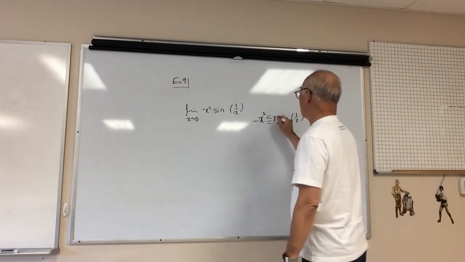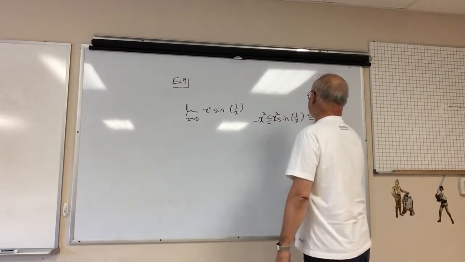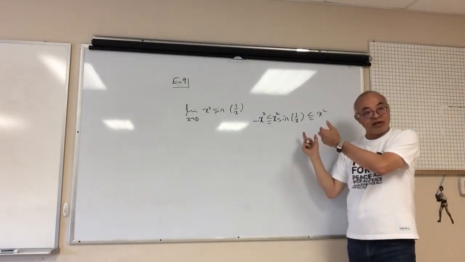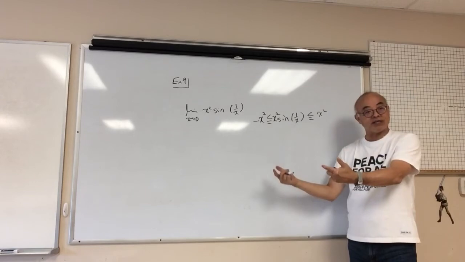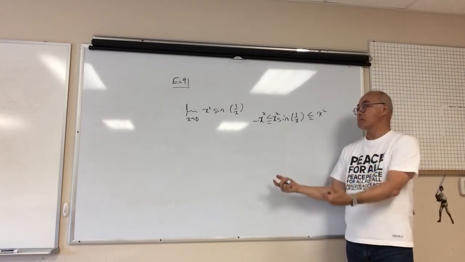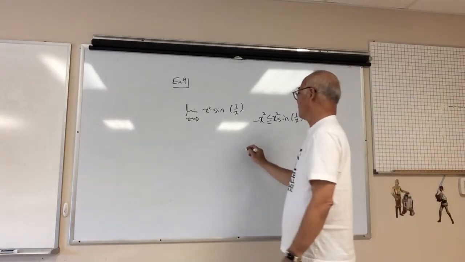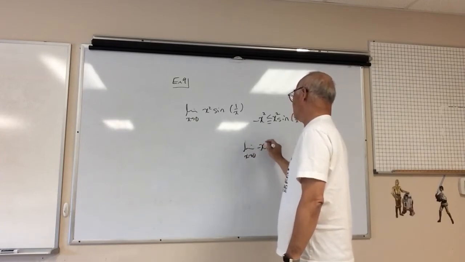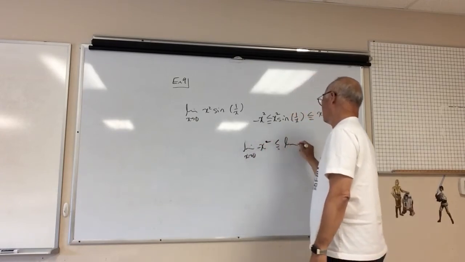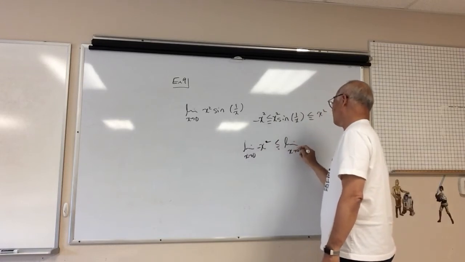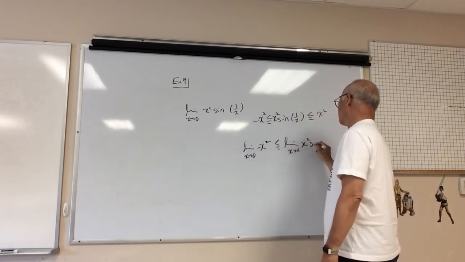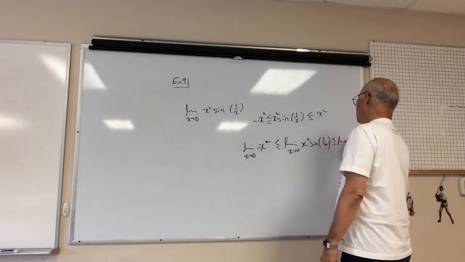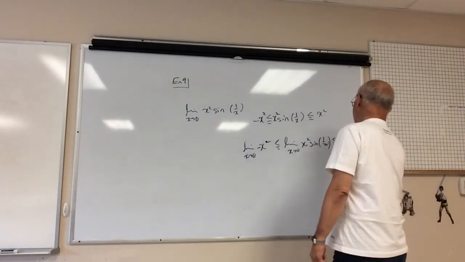I can do this without flipping my inequalities because x squared is always positive. If it's negative, you flip it. Now, limit as x approaches 0, I'm going to put this on every single one of them. Because this is actually what we're trying to find, correct? Negative x squared, x squared sine of 1 over x, x squared.